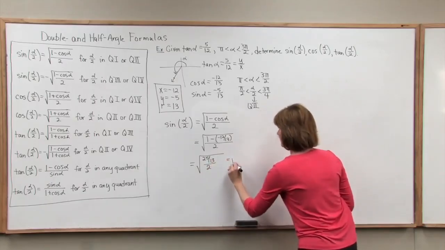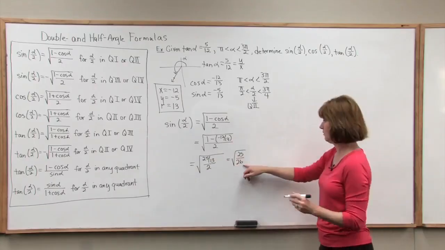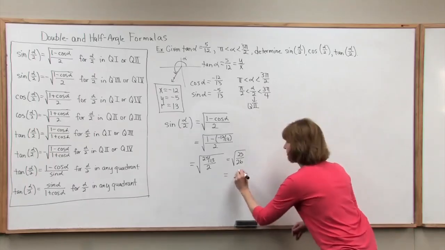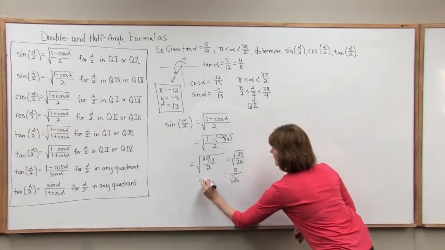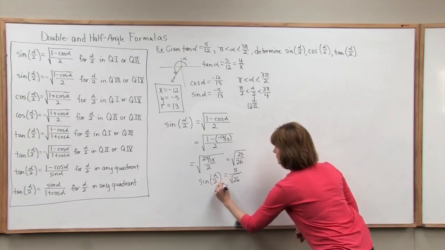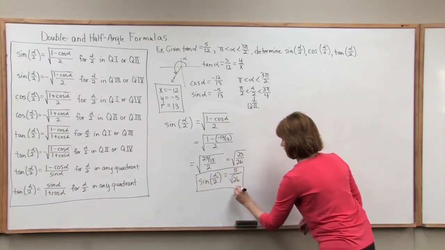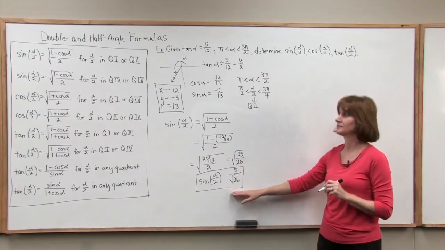And that's the same thing as 25 over 26, which can be simplified because the square root of 25 is 5. So the sine of alpha over 2 I get to be 5 over the square root of 26.